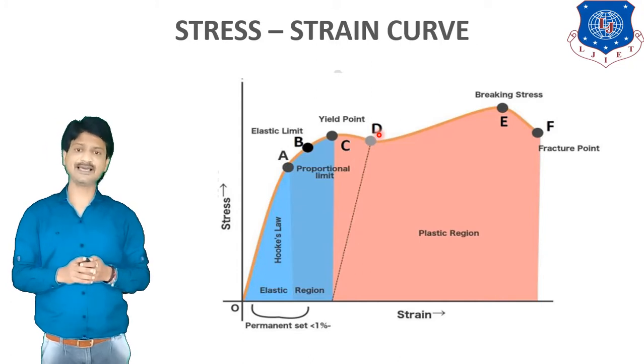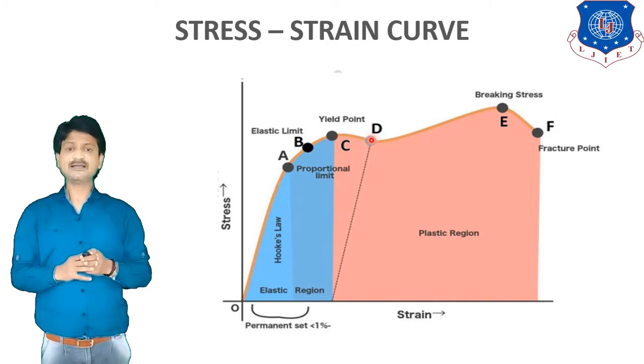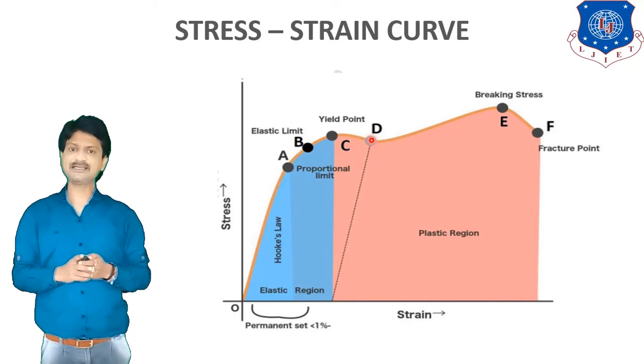So point D is also known as the lower yield point.